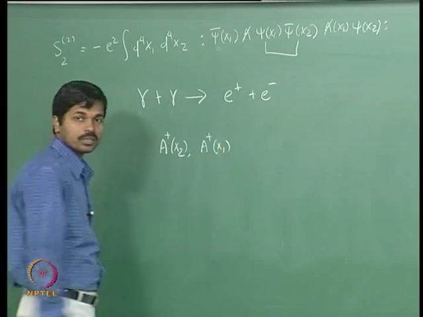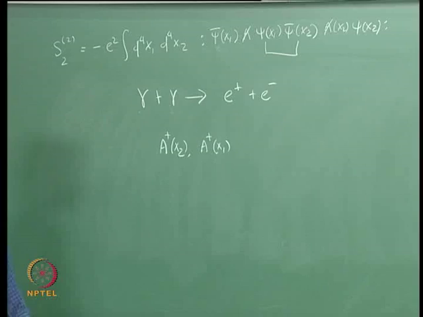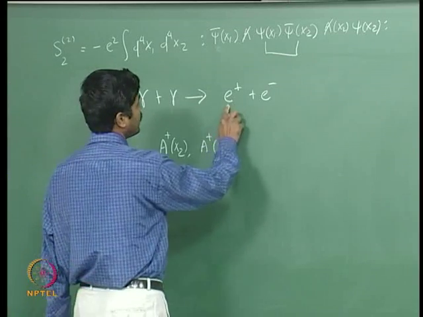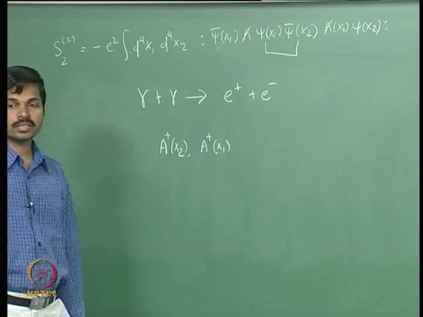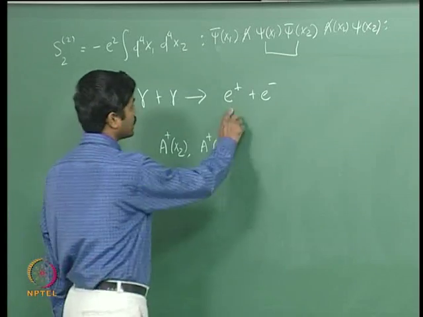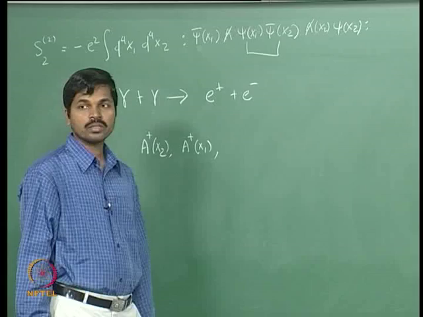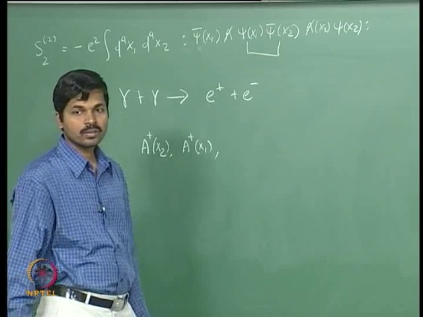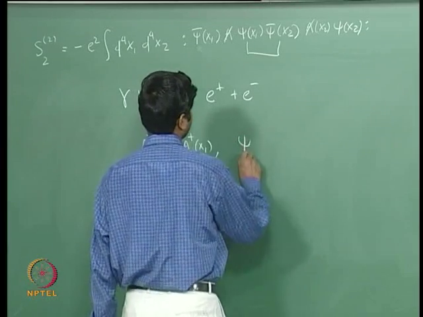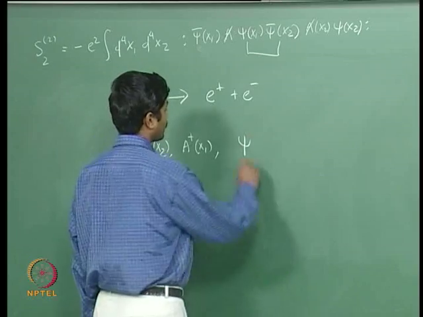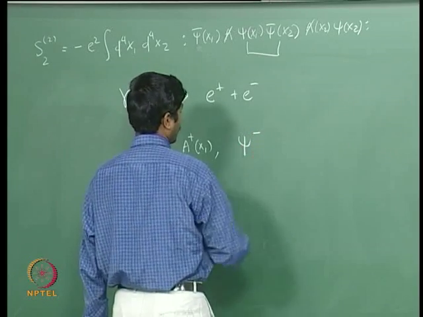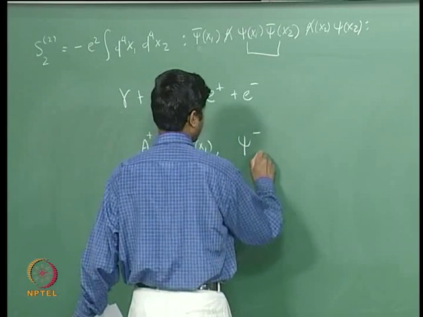It should contain A plus x1 and A plus x2, whereas there is an outgoing electron and there is an outgoing positron. So what do you have for outgoing positron and outgoing electron?